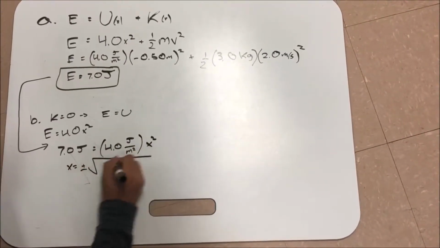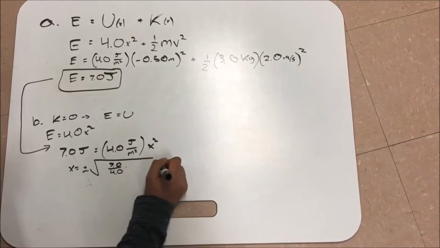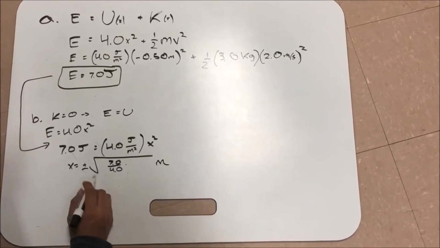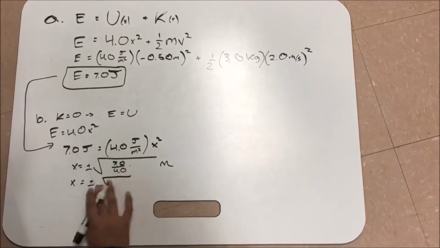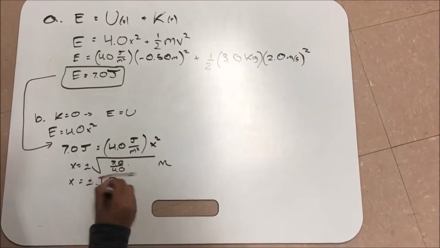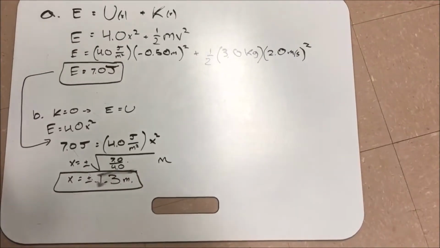So we set 7.0 joules equal to 4.0 times x squared and solve for x. We find that the x coordinate at which the object has 0 kinetic energy is plus or minus square root of 3 meters.